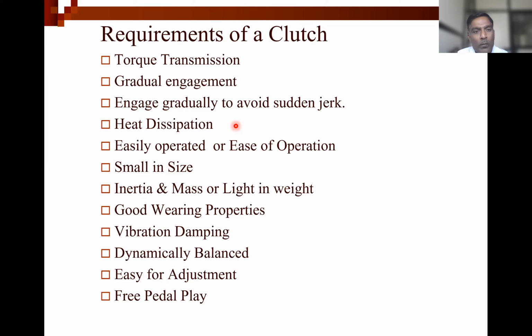It will cause injury to the shoulder. So it should take load gradually.